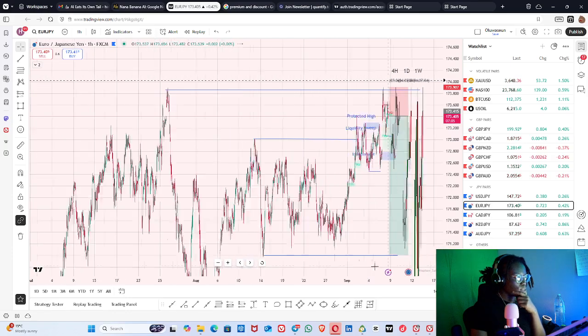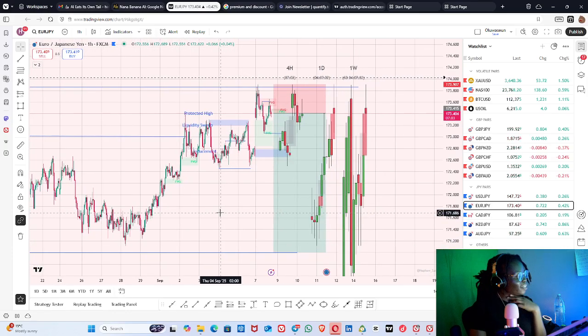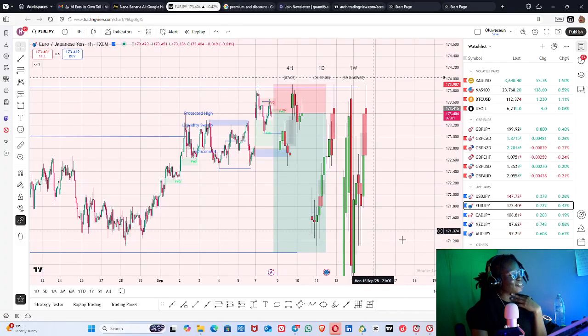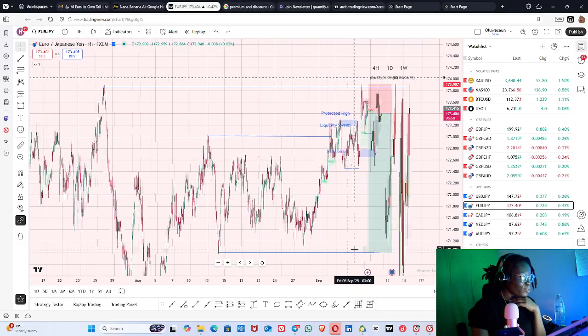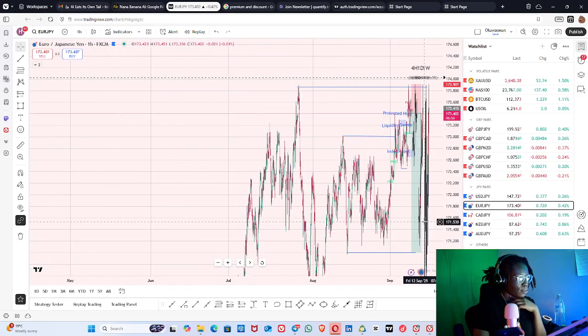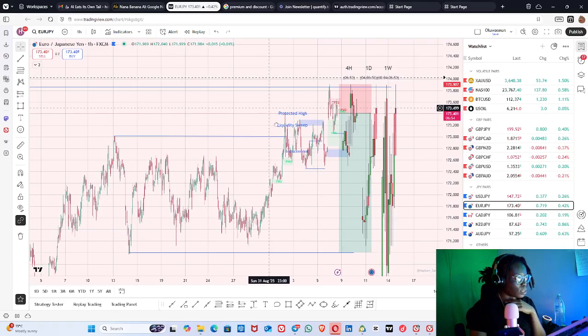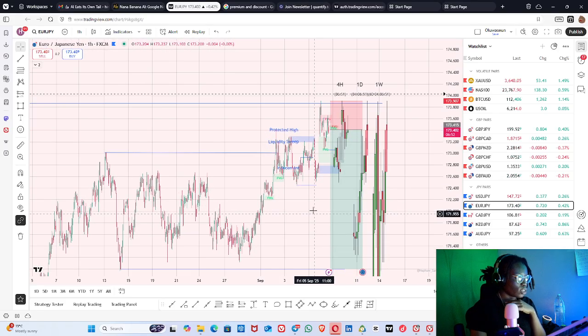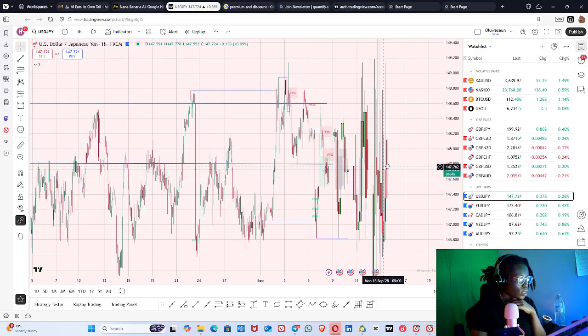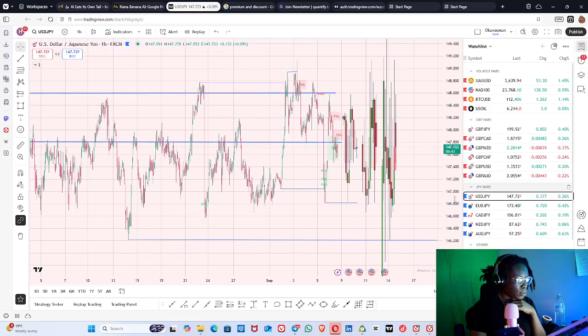If I'm expecting this pair to sell, I am expecting a downward movement for this pair. I mean, it swept that high, it retraced, but this place needs filling. I believe it's going to come down. At least I'm going to be able to scalp.